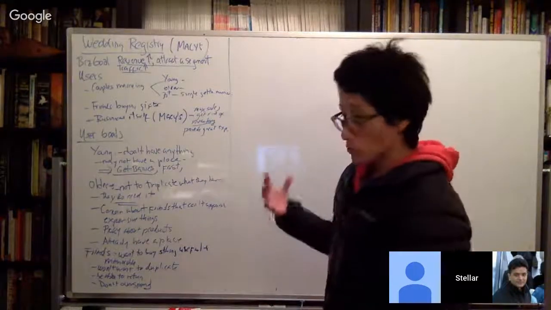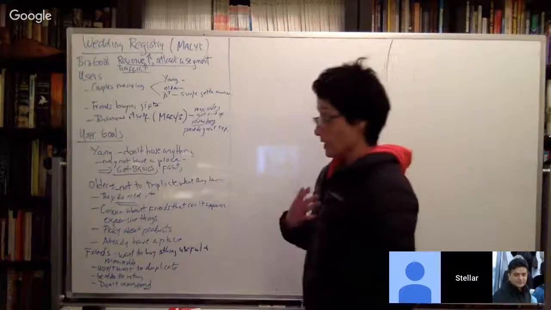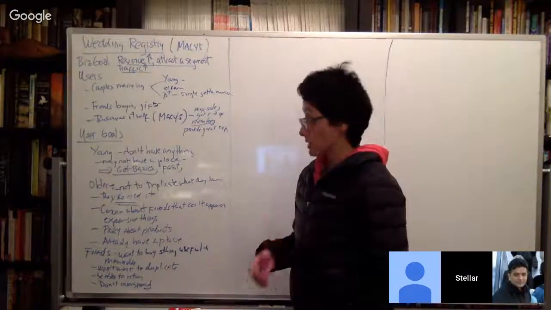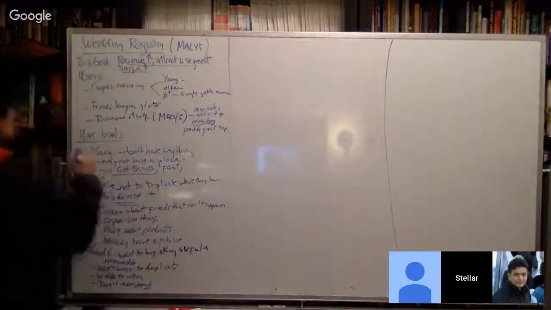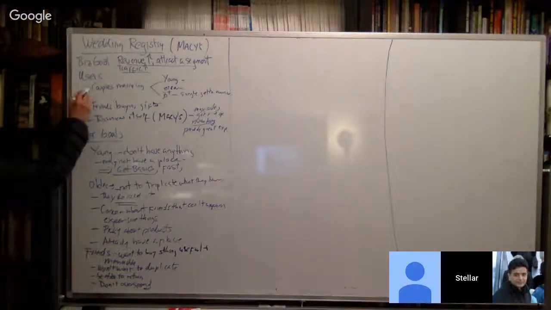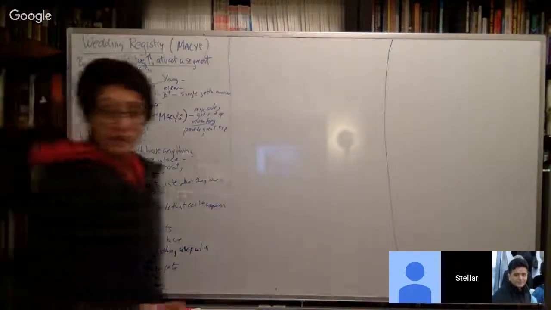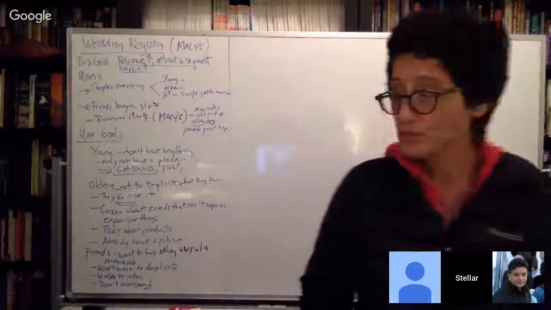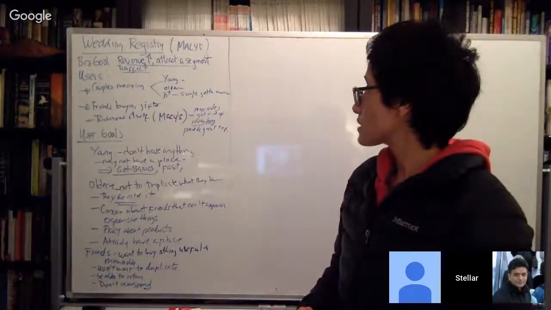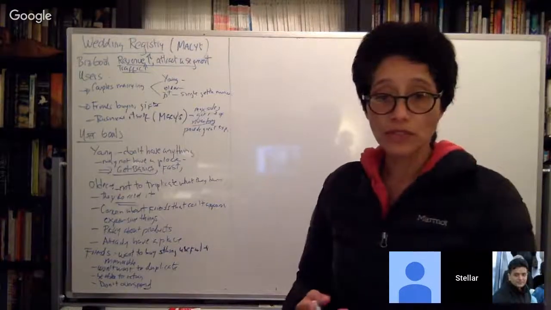But because we have a limited amount of time, if I were in the interview, I would say we should focus on the couples or friends. I don't think we have enough time to do both. So what I would suggest is to focus on the couples. What are your thoughts on that?